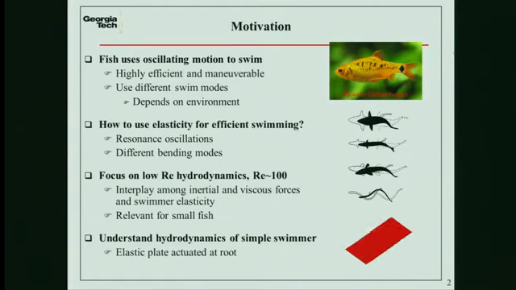So it is a rather complicated process, and what we want to understand is what's the role of elasticity in this swimming and how we can use elasticity in order to maybe design an efficient swimmer.